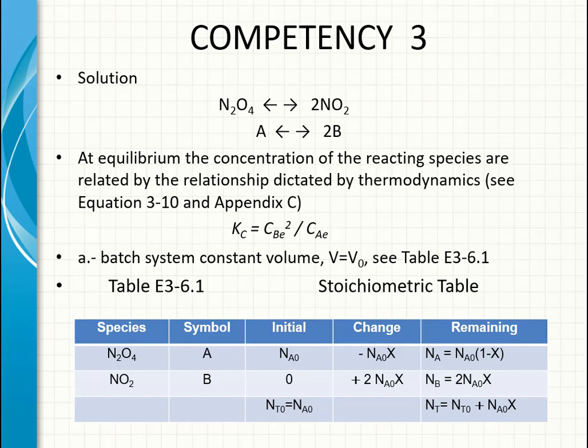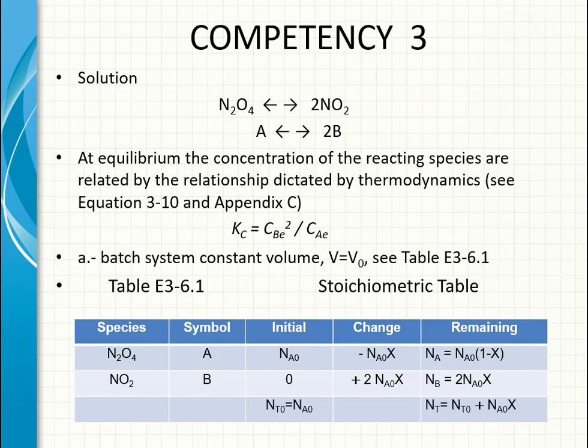So Kc is going to be the concentration of B elevated to the second power, because the coefficient of NO2 is 2, divided by the concentration of A at equilibrium elevated to the first power, because the stoichiometric coefficient of A is 1.